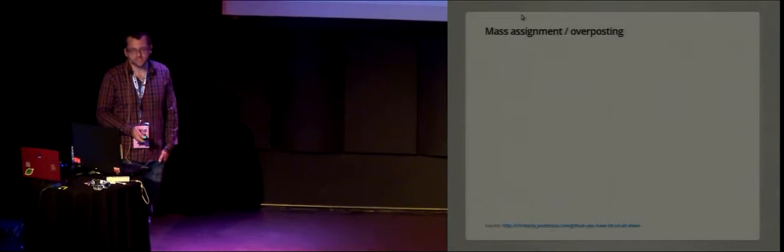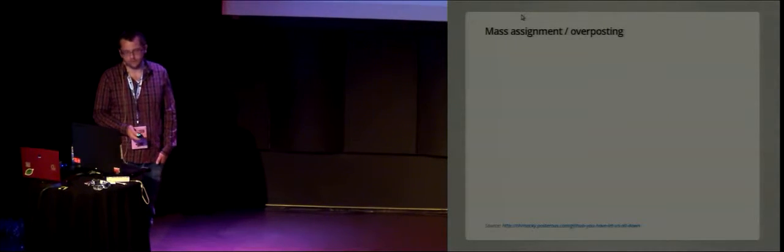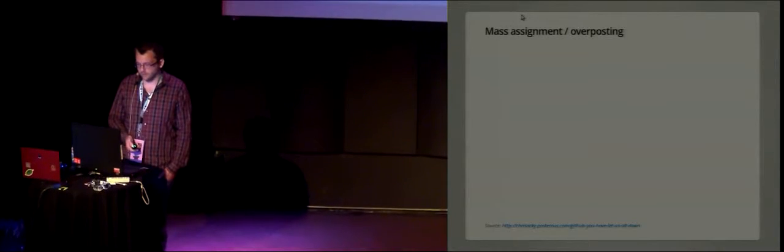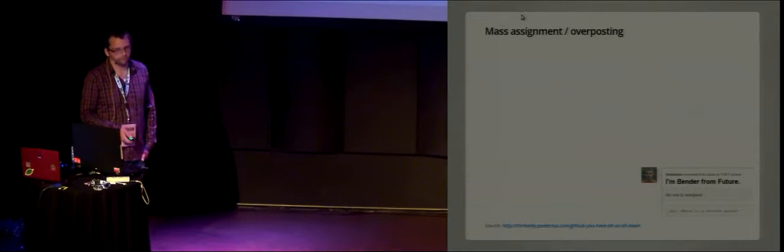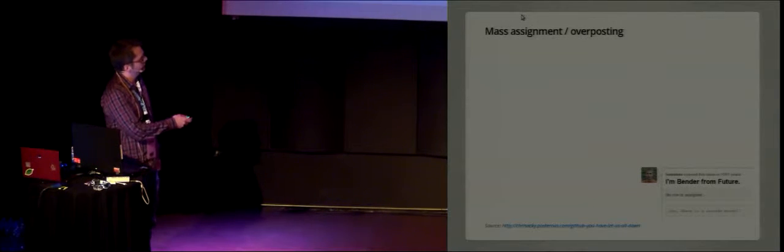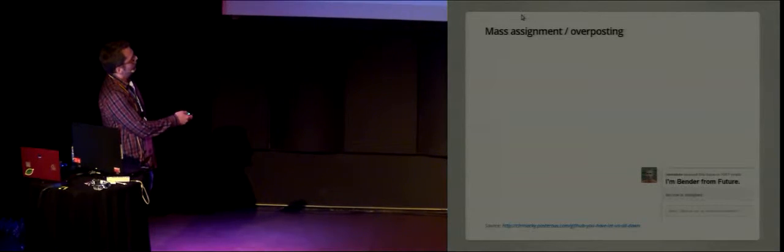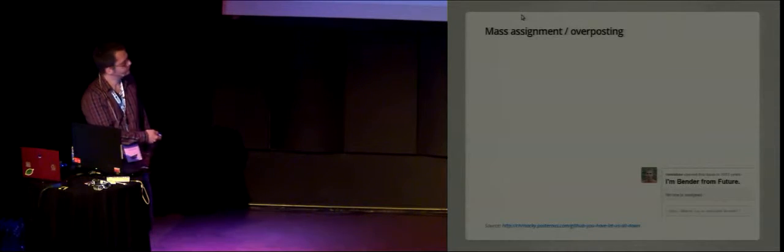The next one is mass assignment or overposting. Once again, this Egor guy, he did some funny stuff. This is really hard to read on this projector, but it says here, Homakov opened this issue in 1001 years, so in the future. And it says, I'm Bender from the future. Hey, where is the suicide booth?